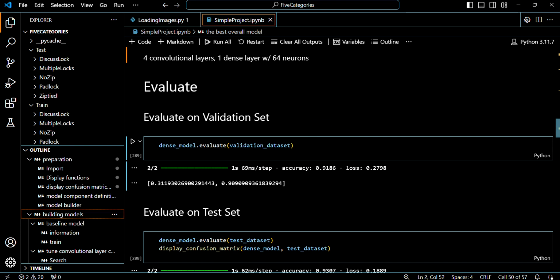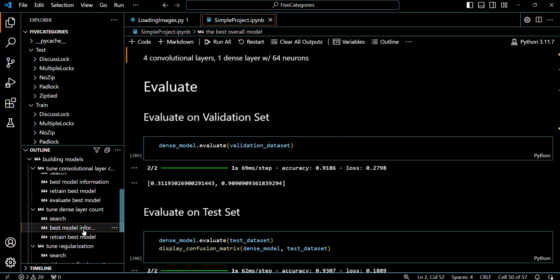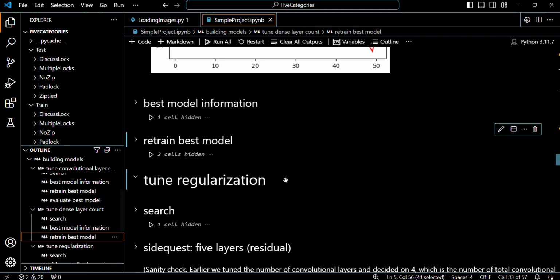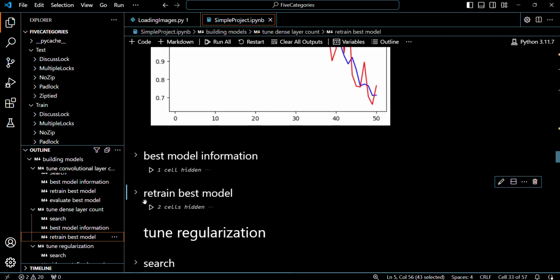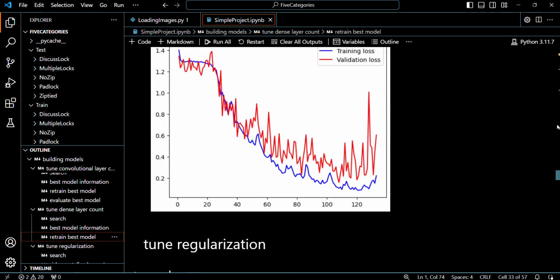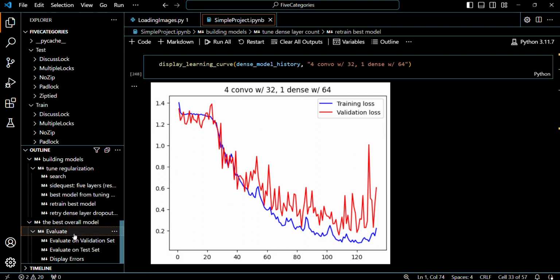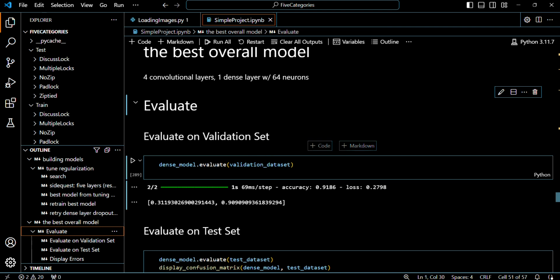We trained it for 150 epochs, and it looks like it probably was about as good as it was going to get. So we've trained it. Let's see how good it actually was.